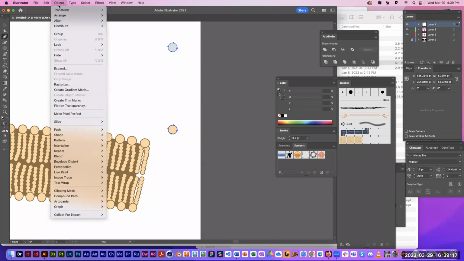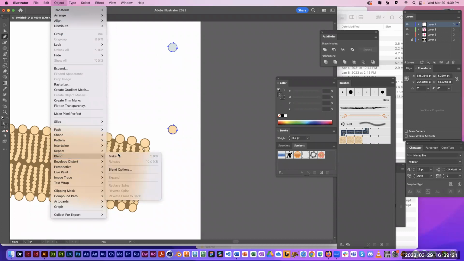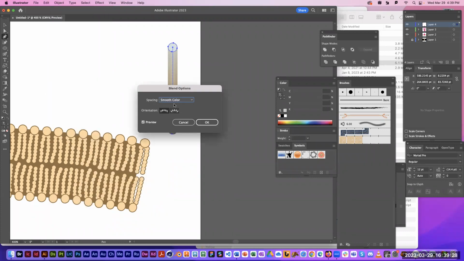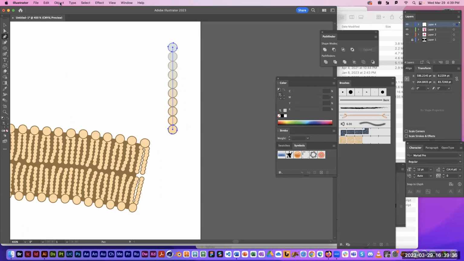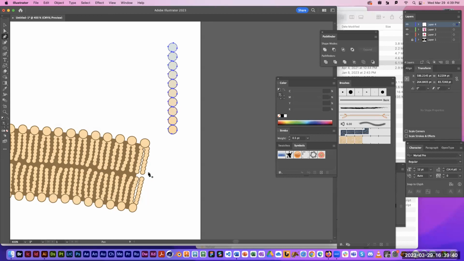So I'm going to Object, Blend, Make, Object, Blend, Options. Specified steps, let's try 8 again. And then one last thing, Object, Blend, Expand, splits it into its component shapes.